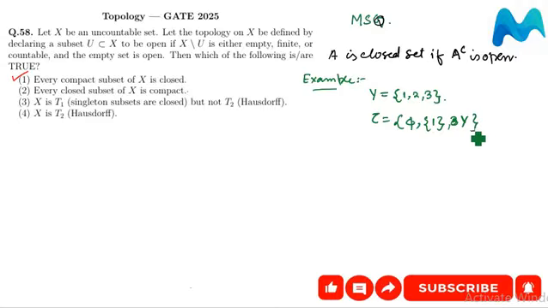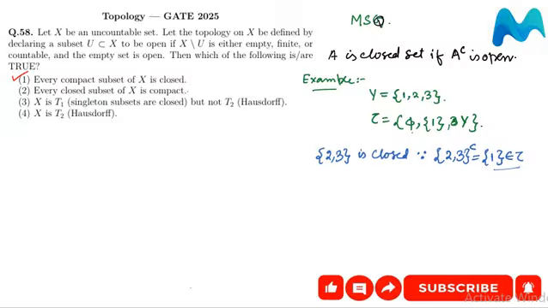Now phi and Y are open and closed themselves, but what about 1? What about 2 and 3? Is {2,3} closed? Yes, it is closed, because the complement of {2,3} is {1}, and that belongs to the topology, meaning it is open.